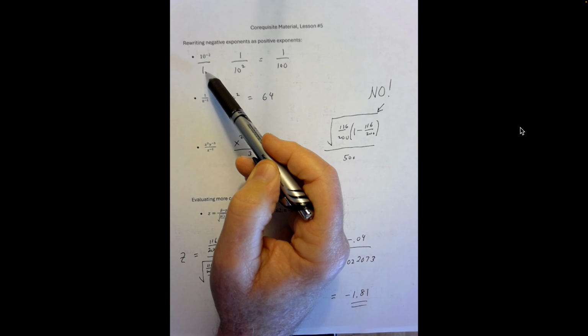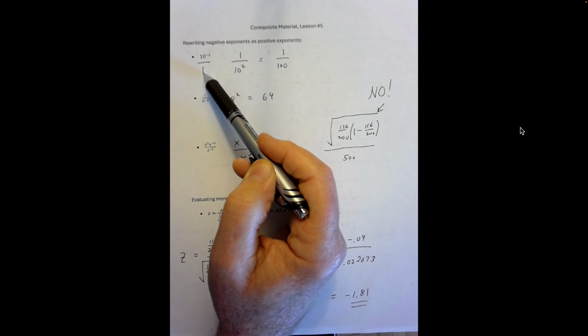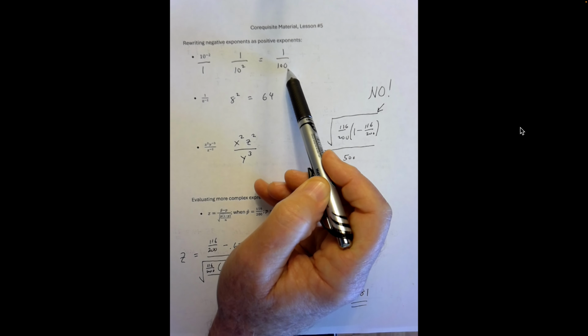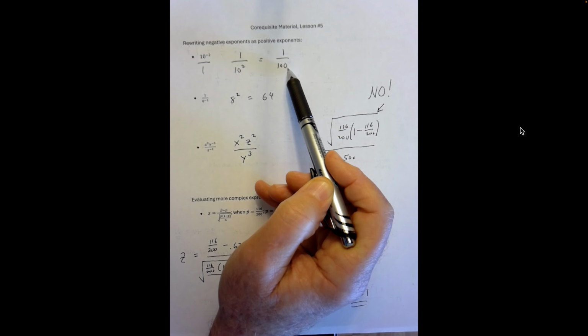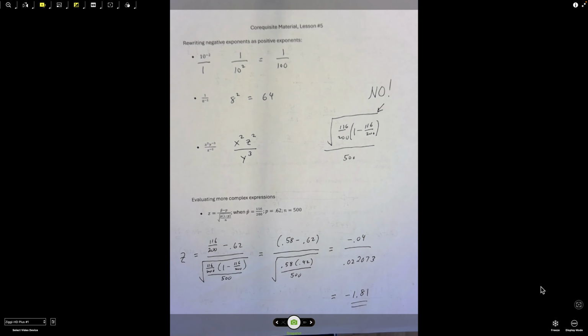Positive exponents are a lot easier to make calculations with than negative exponents. So if I have 10 to the negative 2, which is in the numerator, I can move this to the denominator, make it 10 to the positive 2, and easily evaluate the expression. 8 to the negative 2, let me try to make this a little clearer.